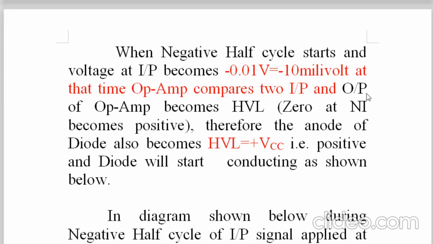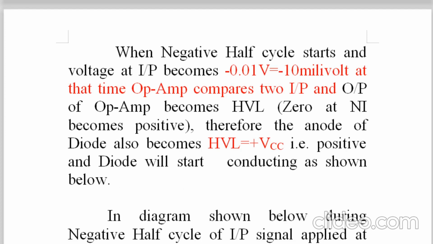The output of the op-amp becomes HVL, because 0 at non-inverting becomes positive as compared to minus 10 millivolt. Therefore, the anode of the diode also becomes HVL, equal to plus VCC, equal to plus 12 volt, that is positive, and the diode will start conducting as shown below.